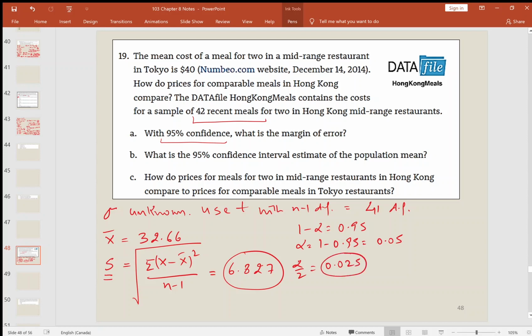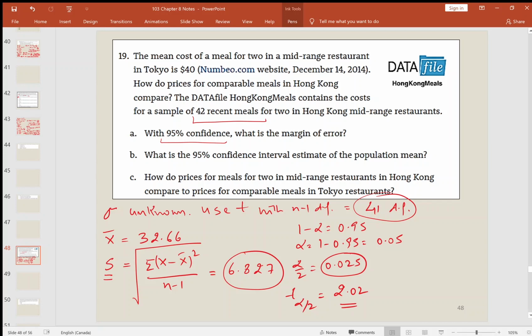So alpha by 2 is 0.025, and we have 41 degrees of freedom. If you look up the t table, you will find that the t value comes to 2.02, such that the probability in the right tail is 0.025, with 41 degrees of freedom.